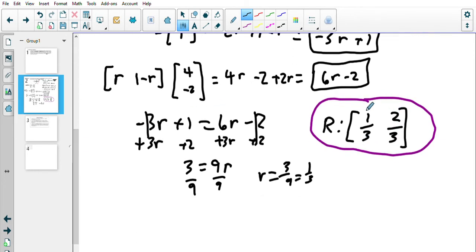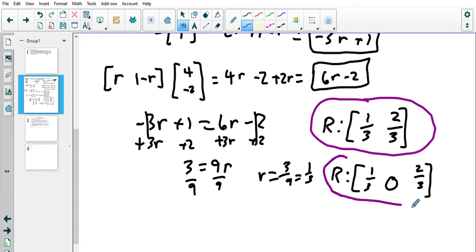So you can either say for the 2 by 2 matrix, it's like this, or you could also say it like this. For the original matrix, 1/3, 0, 2/3. So that's the two ways you can look at the row strategy. Okay, and now we're going to look at the column strategy, right?